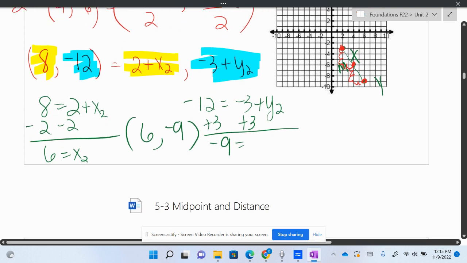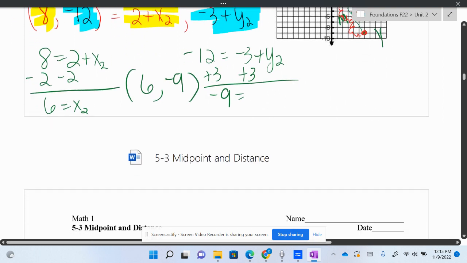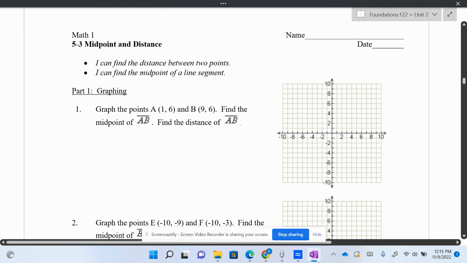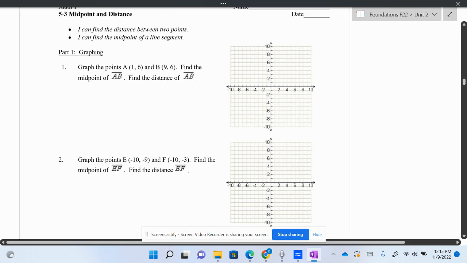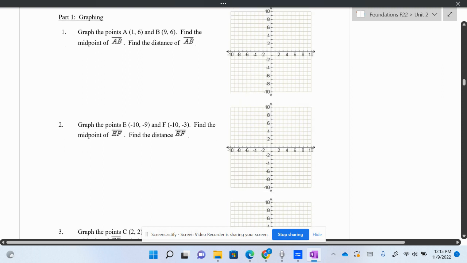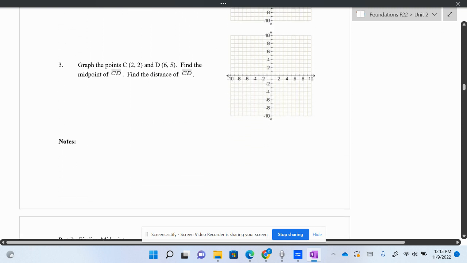Okay. All right. So let's look at our homework. It's going to be fast. So your homework, do you guys see your pages? Mine aren't numbered. Hang on.